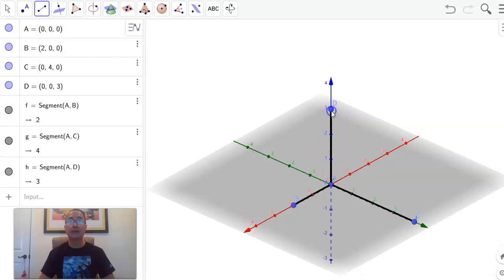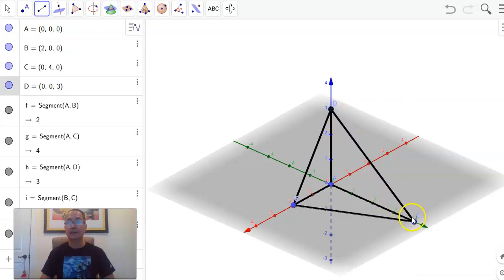A to D right there. And then let's plot the other sides. So how about from B to C and from B to D. There we go. And finally from D to C.